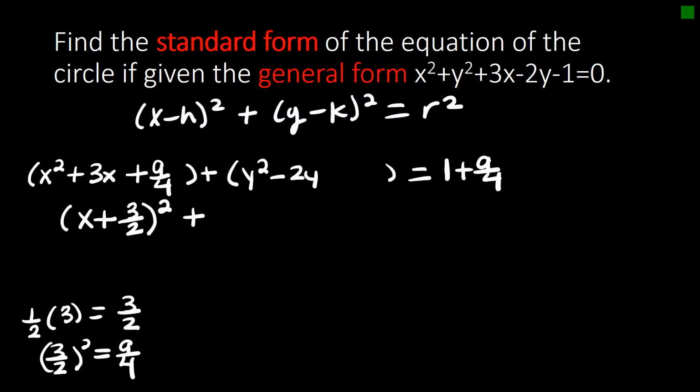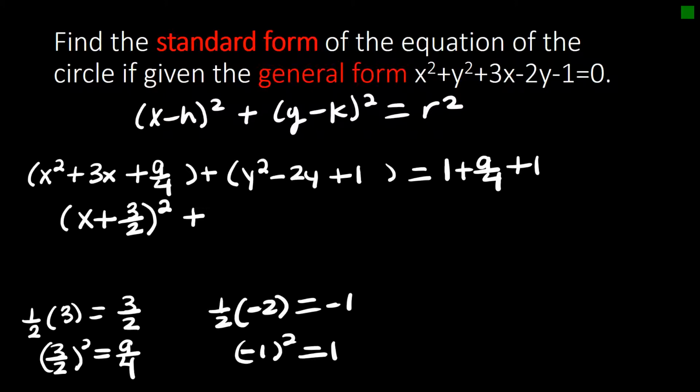Now let's look at my y. I take half of -2, which is -1, and (-1)² is +1. So I add 1 inside of the y parentheses there, and I add 1 to the other side.